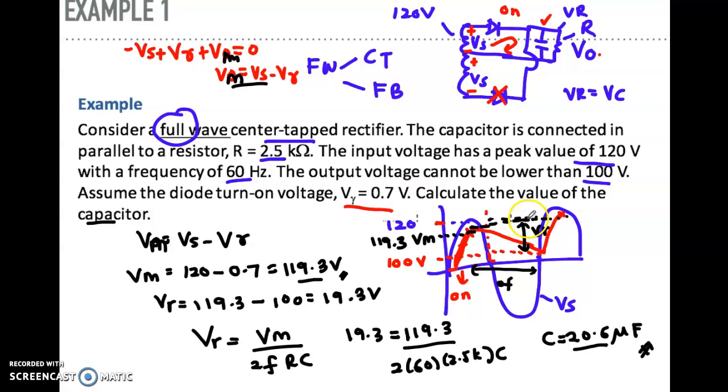So the value between the maximum here and the minimum here we call ripple voltage. So how are you going to tackle this question? Take the key note, center tap on the two diodes. Check this is Vs, so this is V secondary, and between here you can get your ripple voltage.